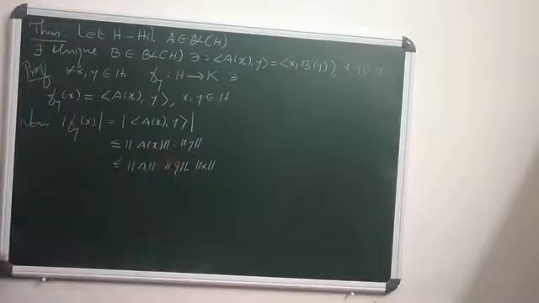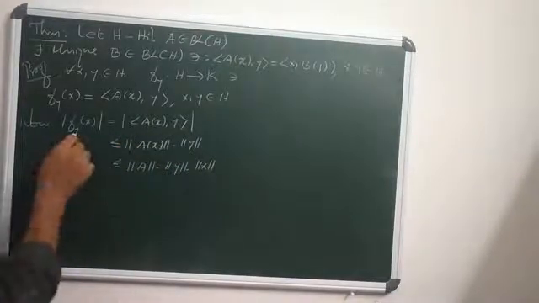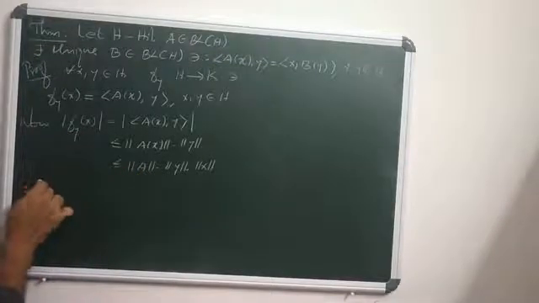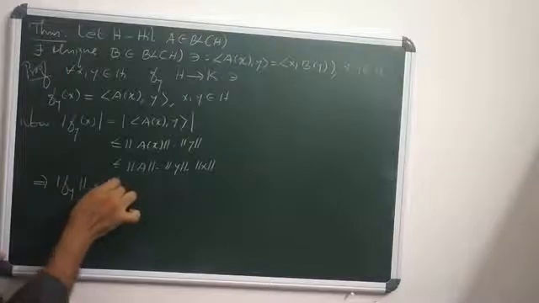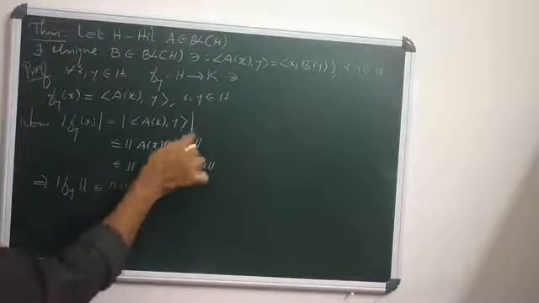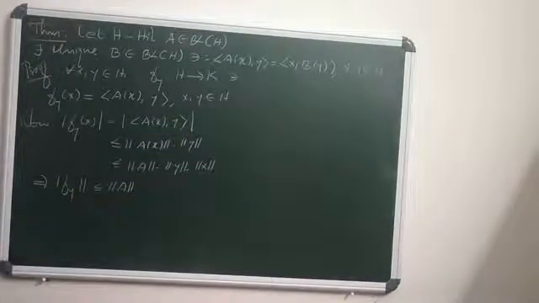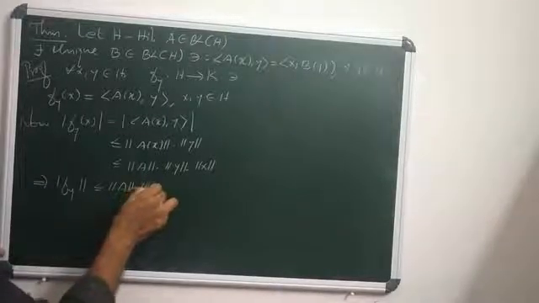So it is norm A into norm x into norm y. That means the norm of Fy is less than or equal to norm A into norm y, for all x in H with norm x less than or equal to 1.